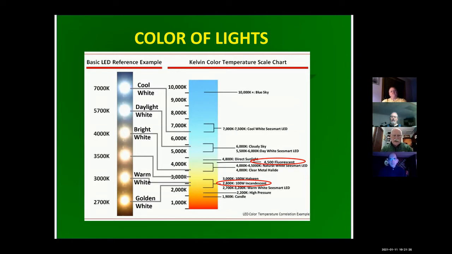So the answer is you're going to have to do experimentation to find what you want, because if you buy bulbs from Sylvania, for example, as opposed to GE, what they say will be entirely different in terms of what they really are. But there are some colors you're probably not going to get in LEDs, such as that green color that you referred to.